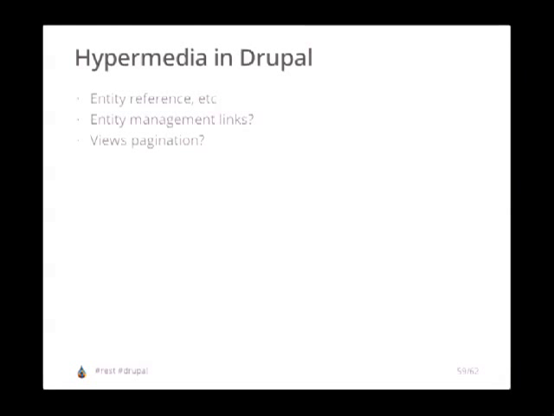So Hypermedia in Drupal is still pretty open. We are creating our own link relations for entity reference fields and the like, but we don't actually have documentation when you go to that HTTP URI to tell you what that link relation means. And there's still a lot of things we could do, like pagination and views.